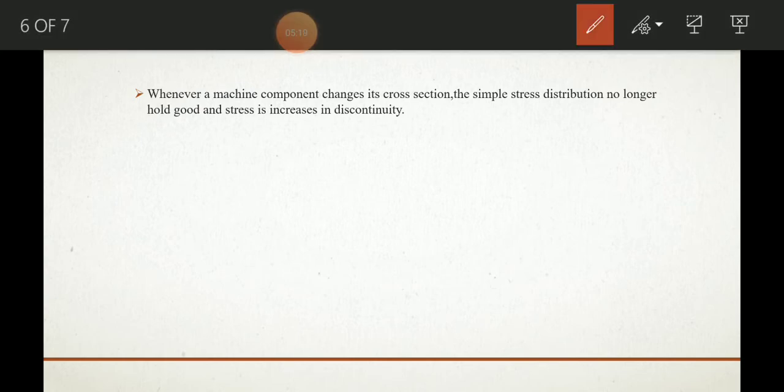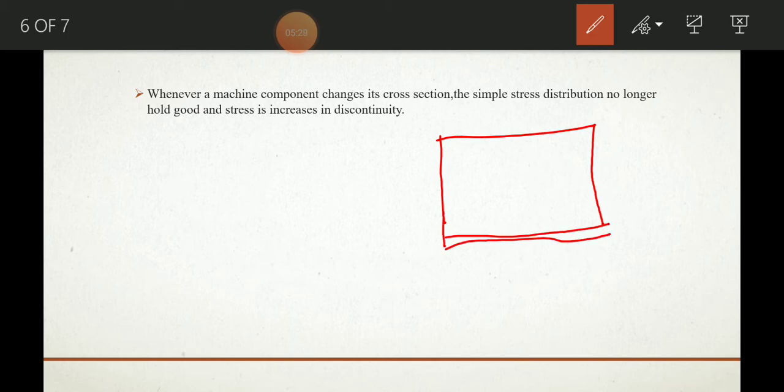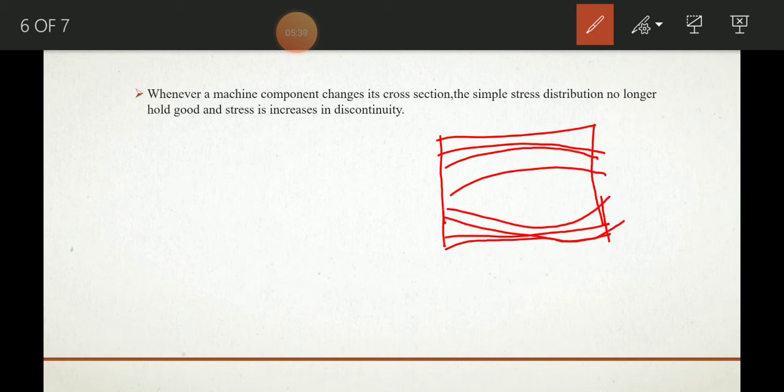Now for example, I will show you. Suppose this is one rectangle I have shown. If you see the stress distribution, it will happen something like this, like this, like this. That is, there is an even stress distribution in all directions.